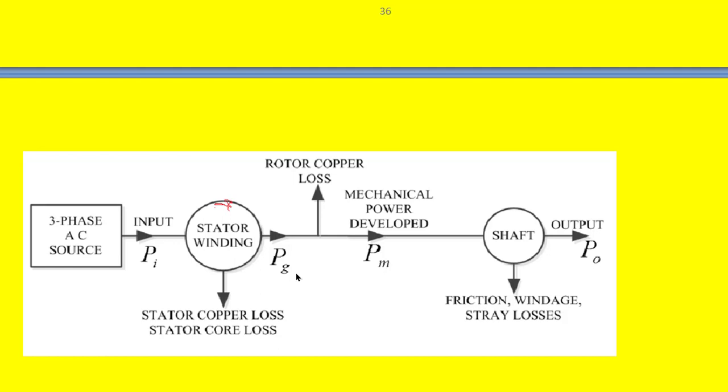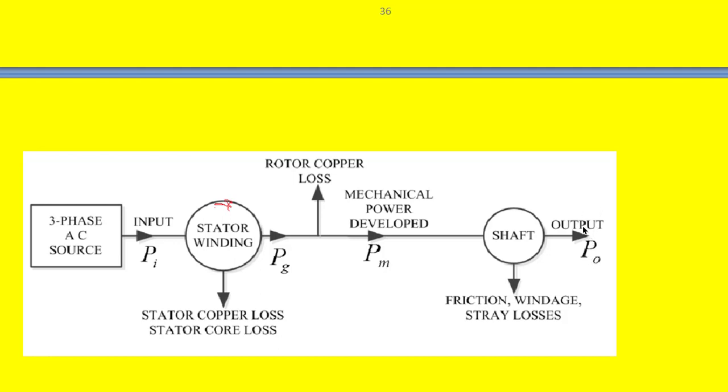This is also called air gap power. And this air gap power links with the rotor, and if the rotor copper losses are subtracted from this air gap power, then whatever we get we call the mechanical power developed, and that we normally represent with P suffix M. If you subtract the friction and windage losses from this PM, the mechanical power developed, whatever we get is called the output power of the motor.